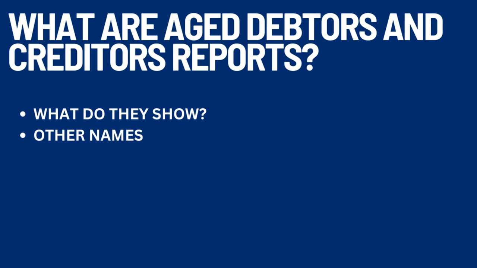Okay, so what is the difference between the balance sheet and aged debtors and creditors? Because the aged debtors shows what is owed to the entity, and aged creditors shows what is owed from the entity, but wasn't that what the balance sheet showed? If you refer back to the previous video, I said the balance sheet shows what an entity owns and owes. The balance sheet, however, showed all debts, all assets, all liabilities.